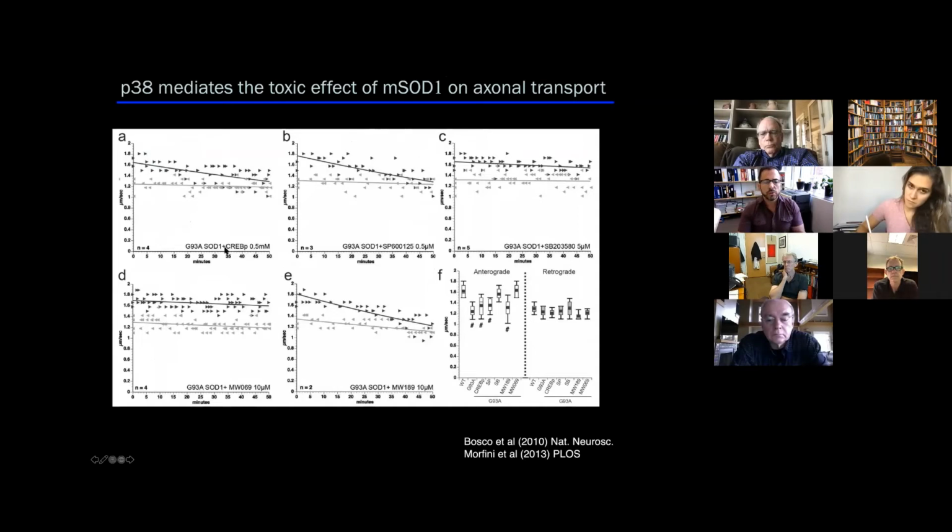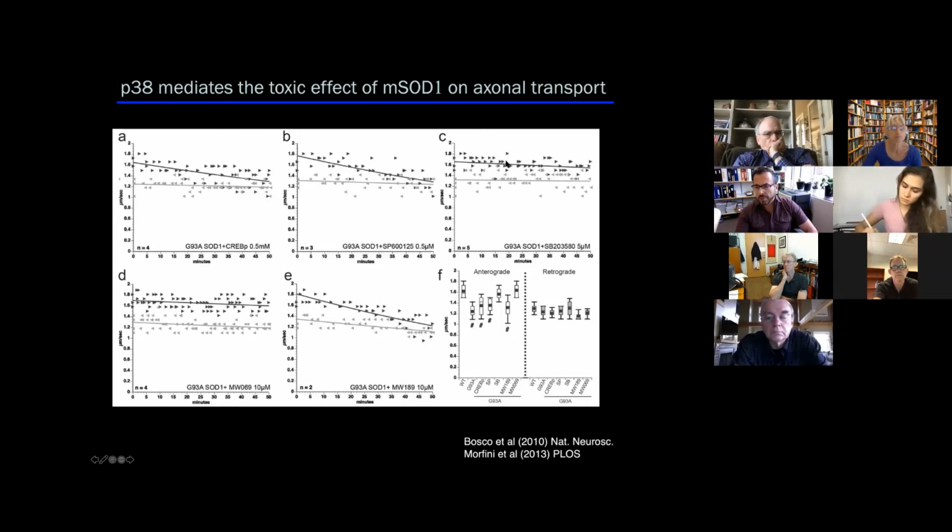So if you recall, this is exactly the effect that you get with mutant SOD1: inhibition of anterograde axonal transport, which was not prevented by a peptide that outcompetes GSK3. So GSK3 was not mediating this effect. When we did it with an inhibitor of JNK kinases, we found no evidence that it would block any of these effects.